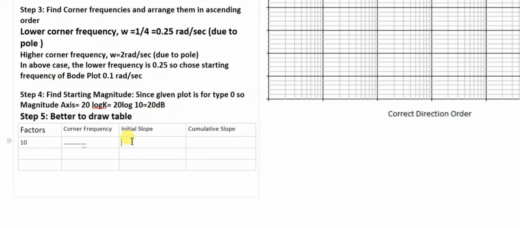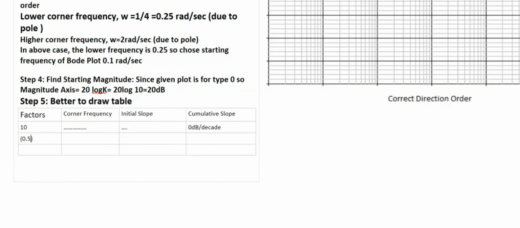While placing the next factor, we need to see the corner frequency. As I mentioned earlier, we need to arrange them in ascending order. That's why we place 0.25 radian per second earlier, and its factor also earlier. So we have placed 4j omega plus 1 and its corner frequency.